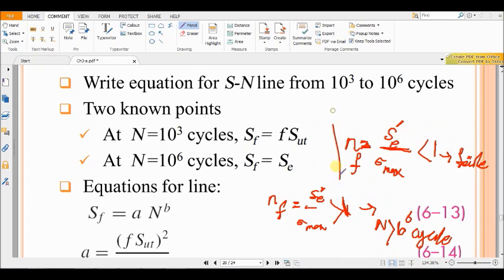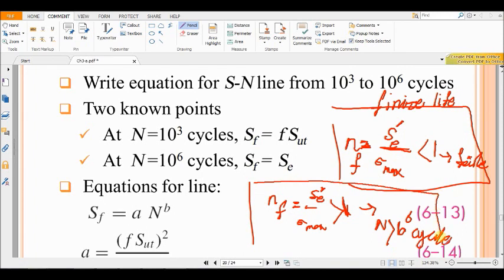So this is called infinite life, and this is finite life. In finite life, N, the number of cycles of the part, is less than 10 power 6.